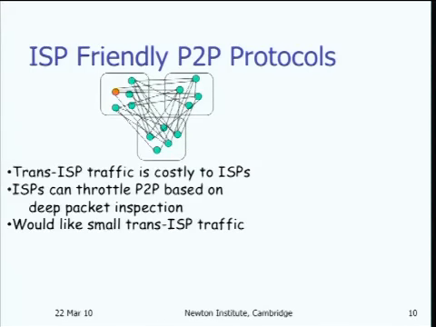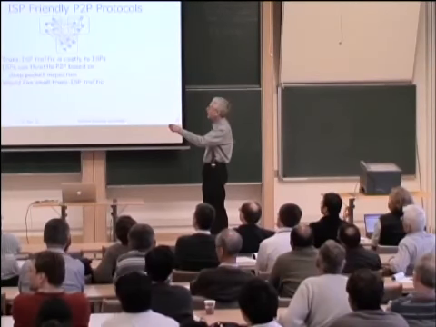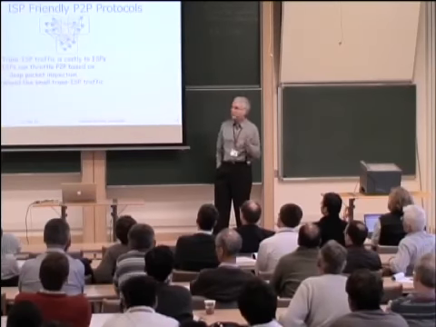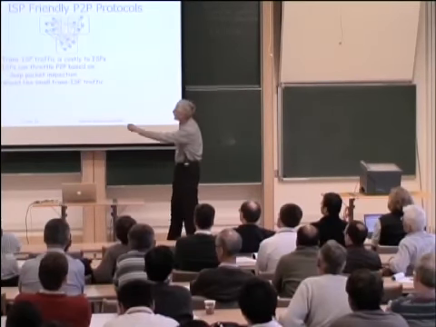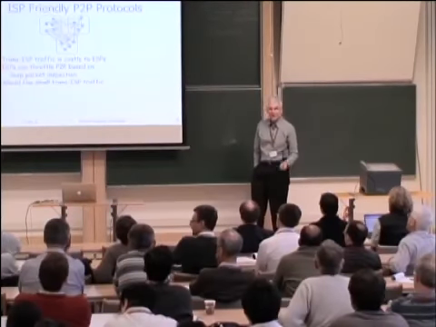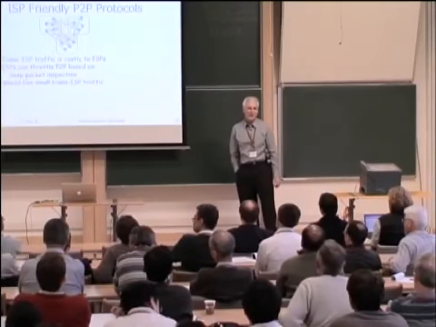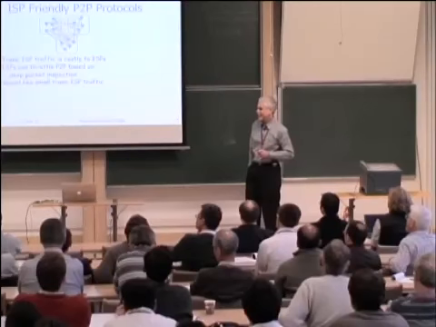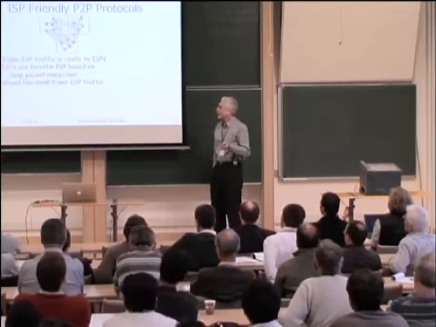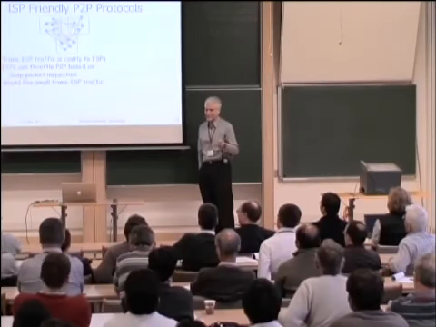I don't know if he's watching me now, but as he was saying, they can throttle a lot of the traffic because deep packet inspection is being implemented on a lot of routers, so they can look into the packet and see what kind of packet it is. And if it's a peer-to-peer packet, they could drop it. And so the people that write peer-to-peer software, well, first of all, they try to disguise the packets. That's one thing. Encrypting it.